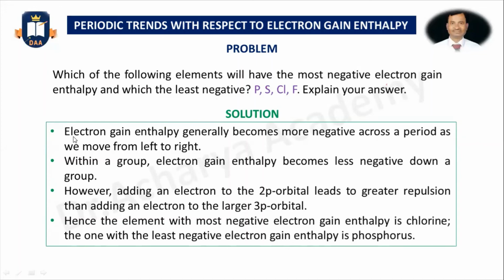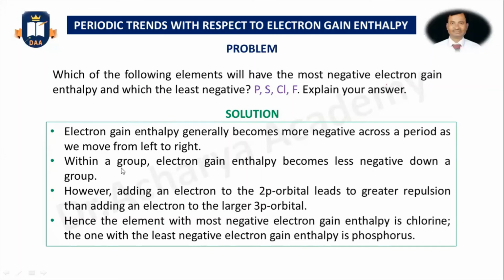So first, we have to consider that electron gain enthalpy generally becomes more negative across a period. Already I discussed that from left to right, those elements will have more negative electron gain enthalpy. That means it is easier for an electron to enter this atom in gaseous form to form its anionic form in the gaseous state.